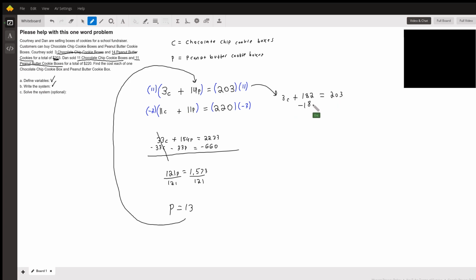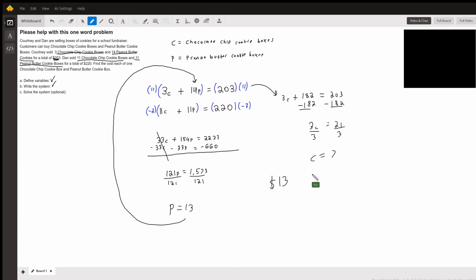Subtract 182 from both sides. 203 minus 182 is 21. 3c equals 21. Divide both sides by 3. c equals 7.